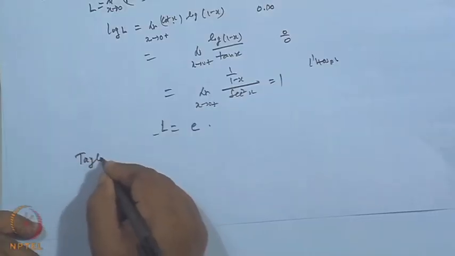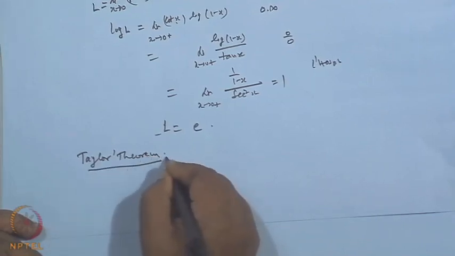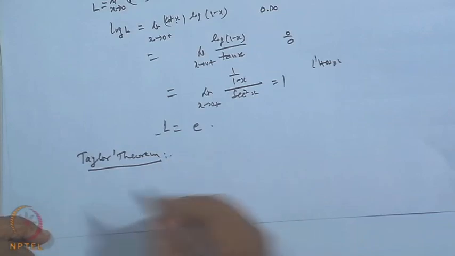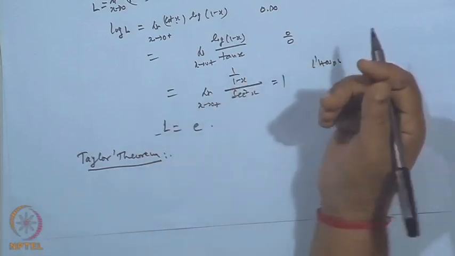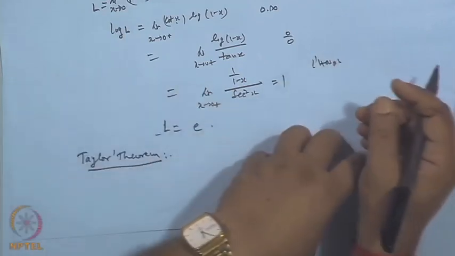Now, let us come to Taylor's theorem. Taylor's theorem is an extension of the mean value theorem. In the mean value theorem, we give the relation between the functional value and its first derivative, whether it is Lagrange's mean value theorem, f(b) minus f(a) over b minus a equals the derivative of the function, or maybe Cauchy's mean value theorem, where two functions f and g are there, and then we get the relation between f, g and their derivatives.